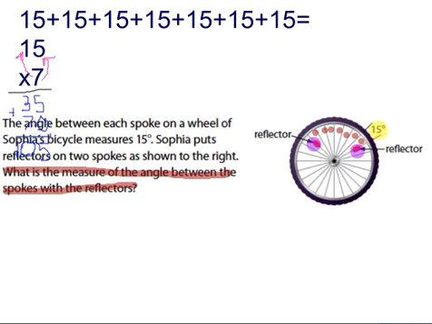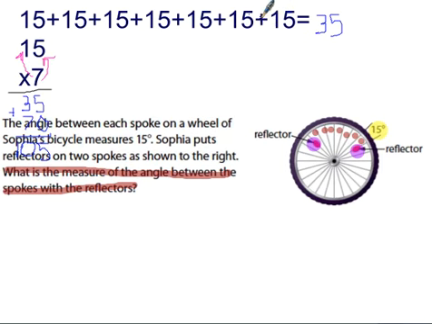We would get the exact same answer if we added up 15 plus 15 plus 15 plus 15. Let's add up just the 5s first. 5, 10, 15, 20, 25, 30, 35. That's 35 by adding up the 1s places. All of these 1s are actually 10s because they're in the tens place.